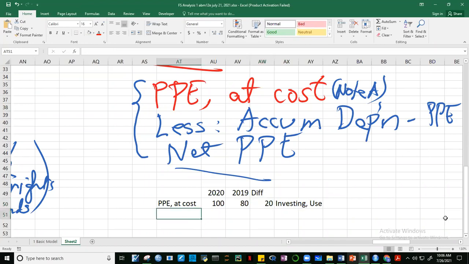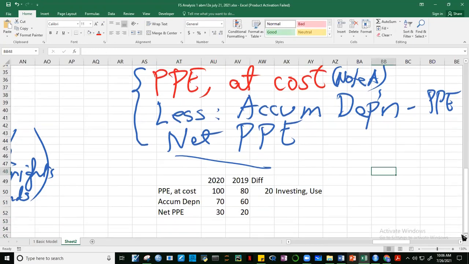Okay, tapos sa balance sheet kasi nakalagay pa accumulated depreciation. For purposes of example, guys, sabihin natin ito, 70, ito, 60. Tapos PPE net. So i-minus natin this minus this. Take a look, guys.